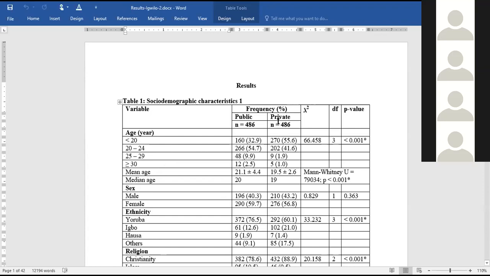That's all. If I'm running it with the computer now, I will use the age group as my row. I will use the group variable that differentiates them into public and private as my column.